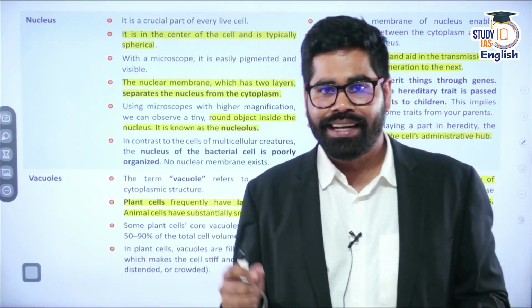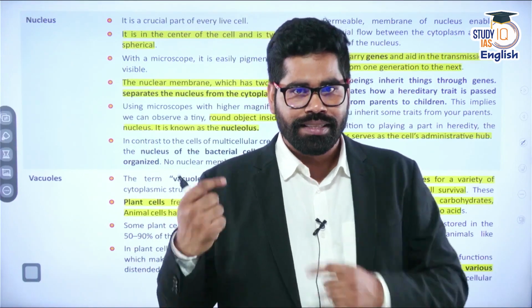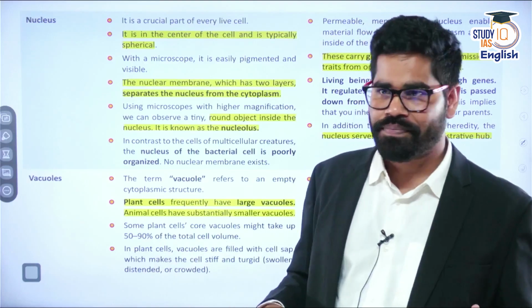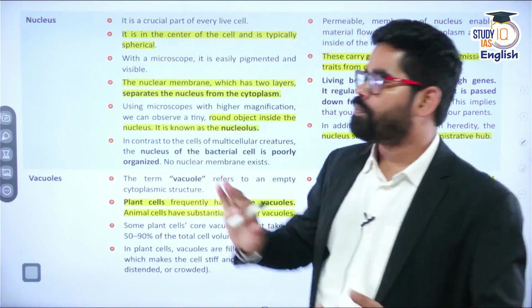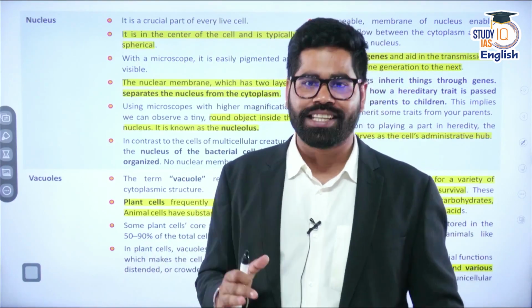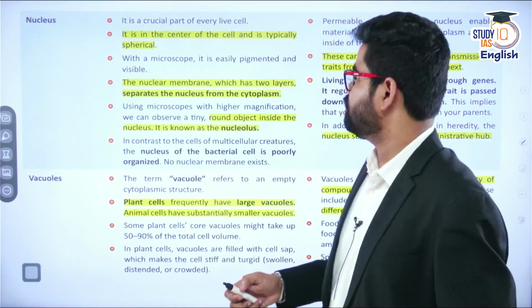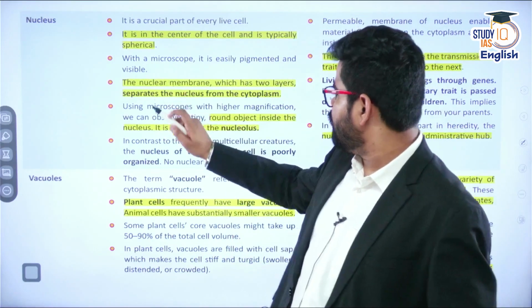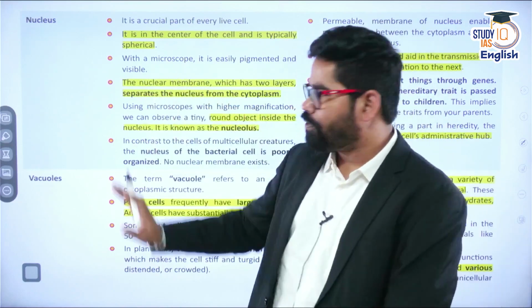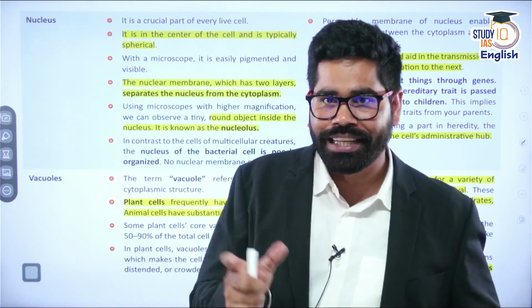But before that, let us talk about one more important part of the cell, that is the nucleus. See, there is the cell membrane, then the cytoplasm, and then we have the nucleus. This is a crucial part of every cell, and you can say that this is the brain, the central part of the cell. Some cells can have a well-defined nuclear membrane.